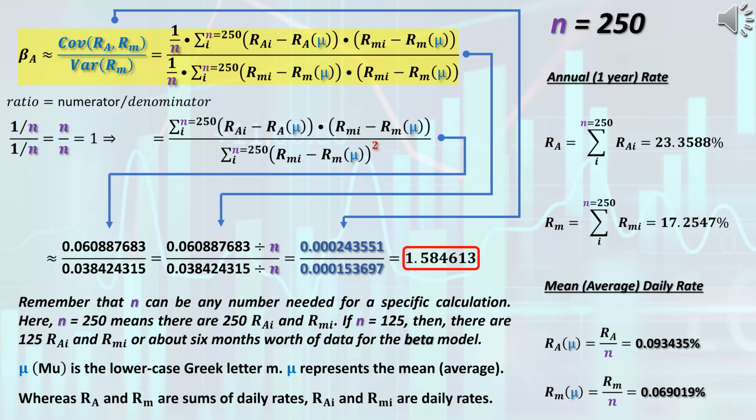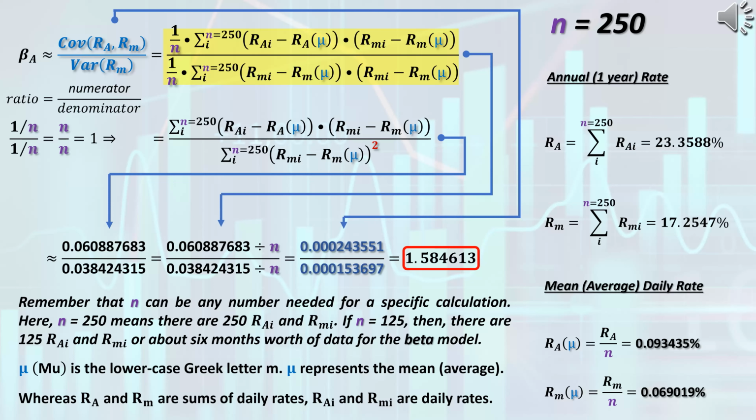For a quick review of math, the ratio of two numbers is called a fraction, which is given by taking a top number, called the numerator, and dividing it by a bottom number, called the denominator. For the covariance/variance beta model, the covariance represents the top number, or numerator, and the variance represents the bottom number, or denominator. The bar between the ratio or fraction makes it clear what is on the top and what is on the bottom.